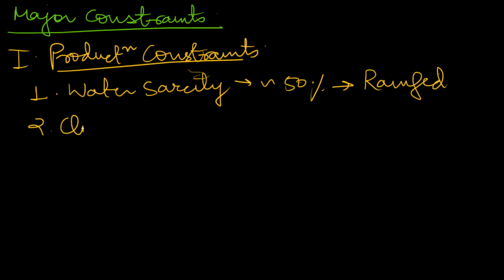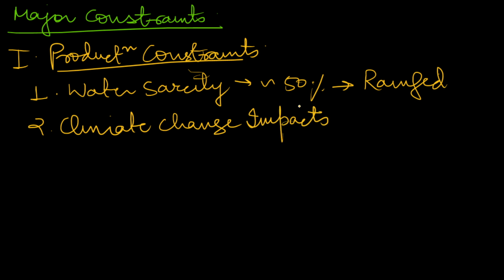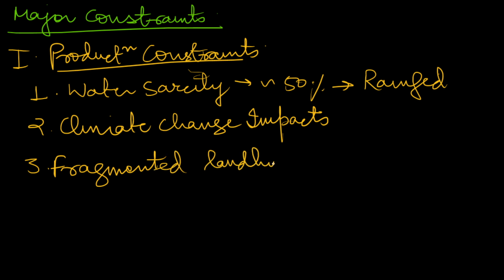Climate change impacts are hampering production. Fragmented land holdings are there. We all know that 86% of Indian farmers are small and marginal.